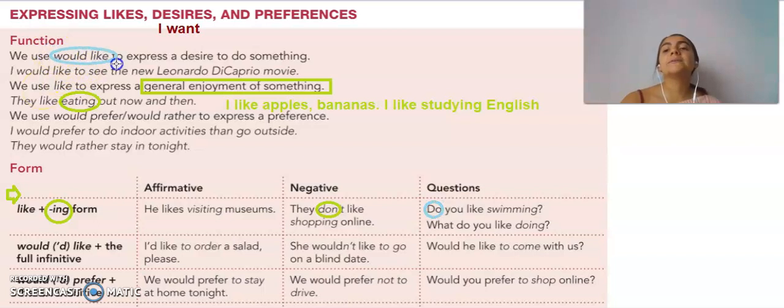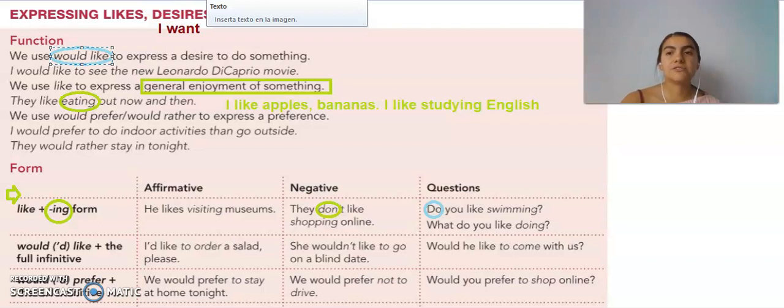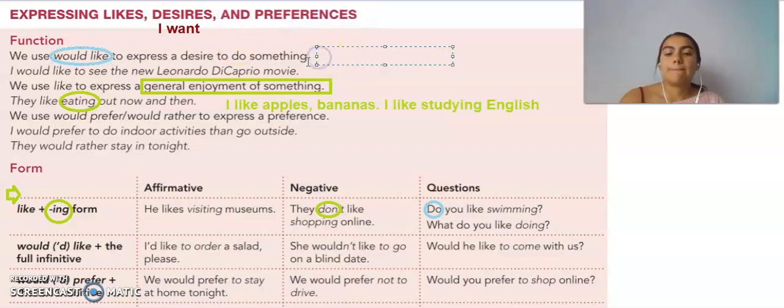The next one that we're going to learn today is would like. Would like is a little bit different from like. In like you talk about a general enjoyment, but in would like you're talking about something you want, or something you want to do. For example, I would like to see the new Leonardo DiCaprio movie, right?